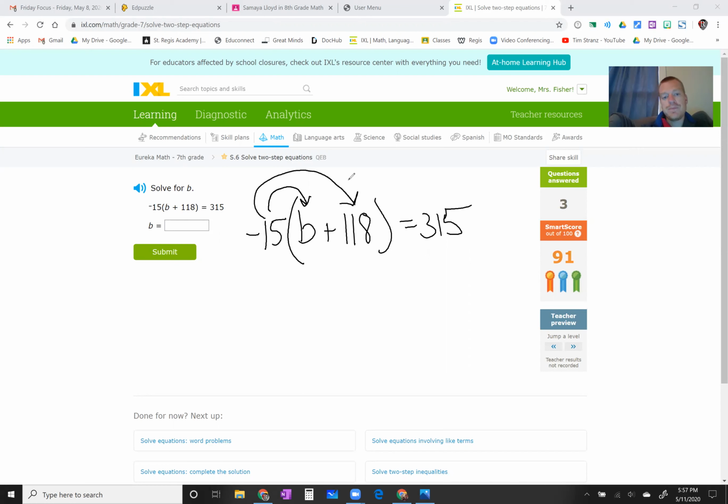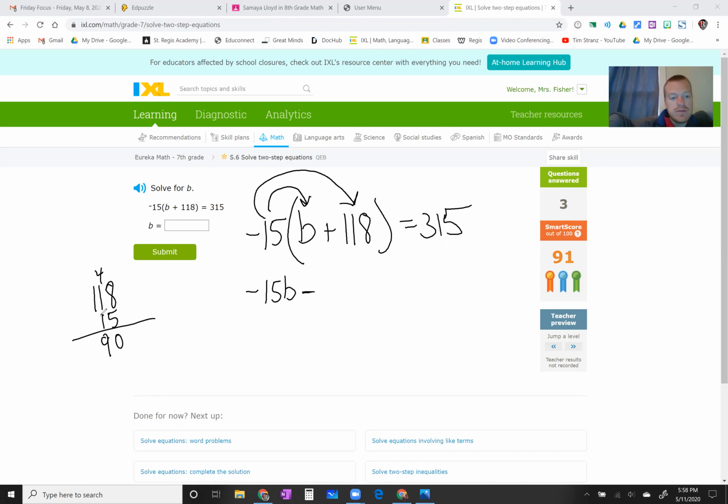118. Okay, so if we do that, we get negative 15 times b. Okay, you got a negative and a positive, which is going to be a negative. Negative 15 times 118. So if you do this over here, 118 times 15, your answer is going to be negative. You got 8 times 5 is 40. 5 times 1 is 5, plus 4 is 9.